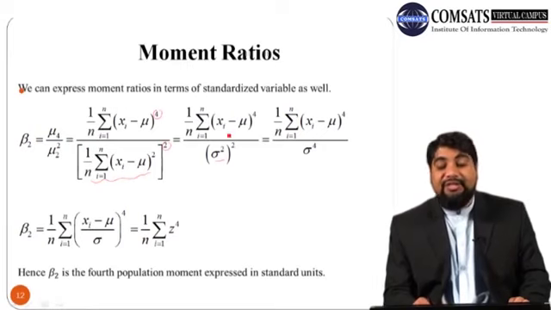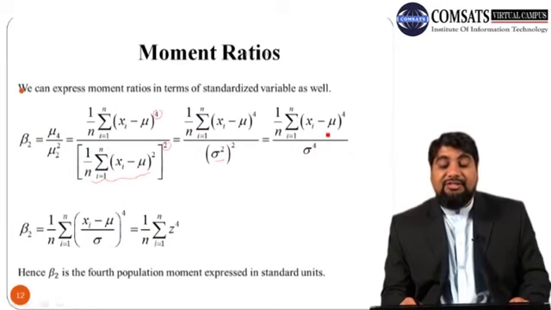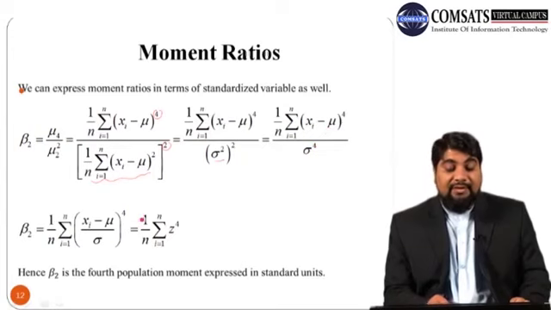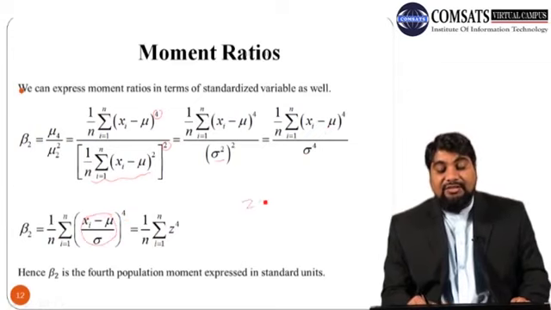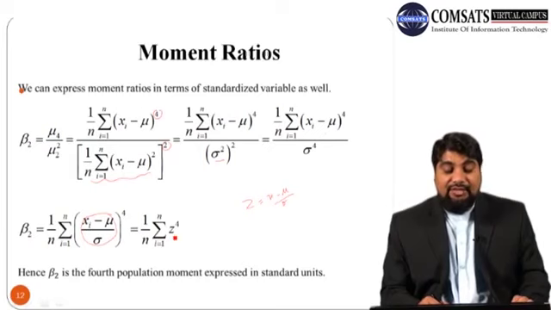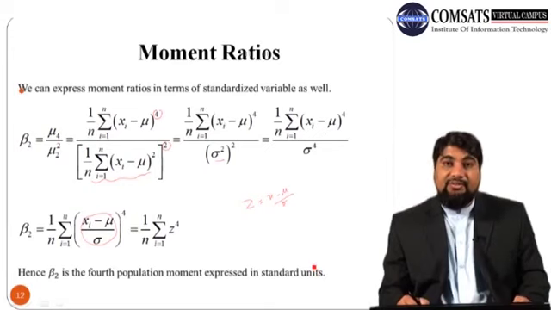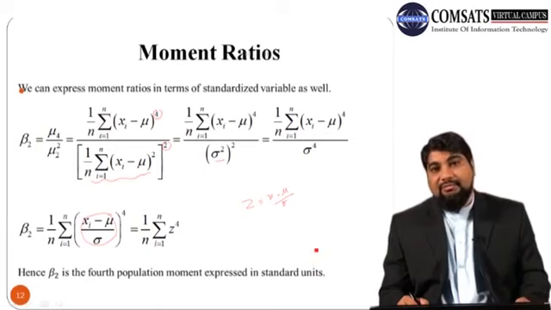Write the numerator as it is, and we can shift this sigma, we can divide this x minus mu by sigma, so x minus mu by sigma whole raised to power 4, and this full expression is again this z, x minus mu over sigma. So it means the second moment ratio is actually the fourth population moment expressed in standardized unit. Again, this is one very important result, and we will use this result in our coming slides.